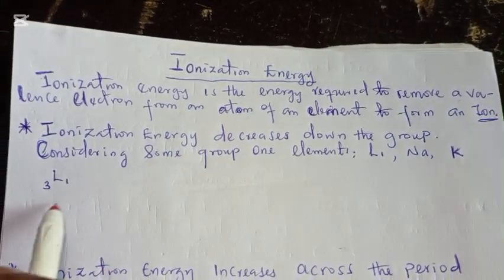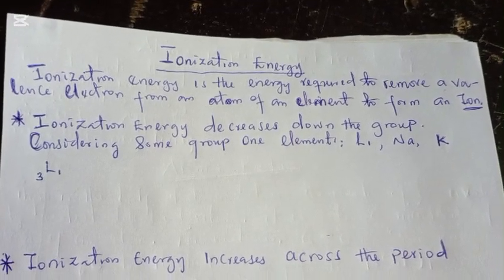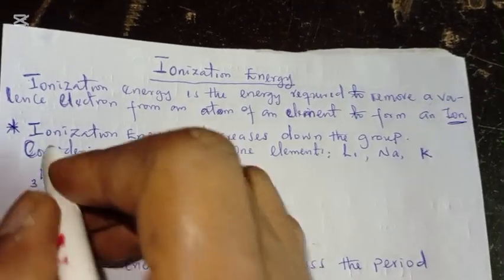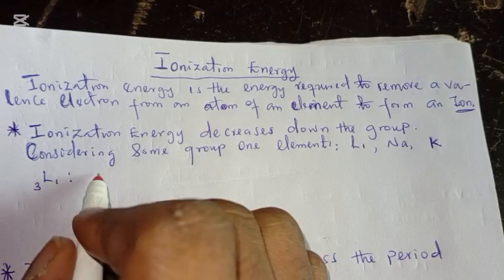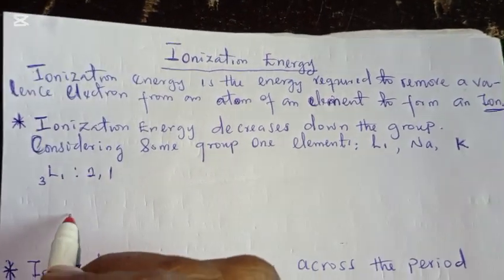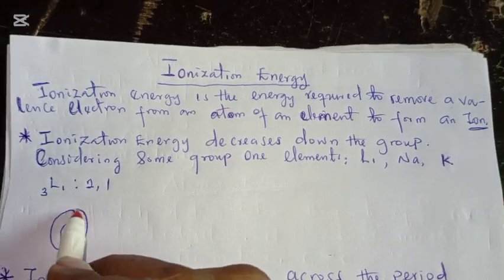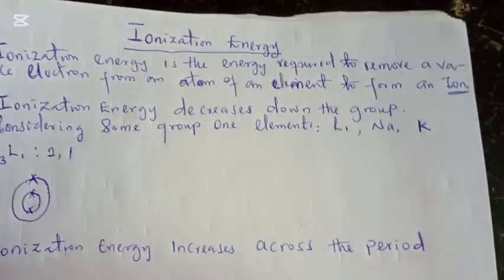And since lithium is neutral in this case, we also expect the number of electrons to be equal to 3. Now, what is the electronic configuration with respect to the shell diagram? That is 2, 1. Drawing the shell, we have 2 electrons in the first shell and 1 electron in the second shell.